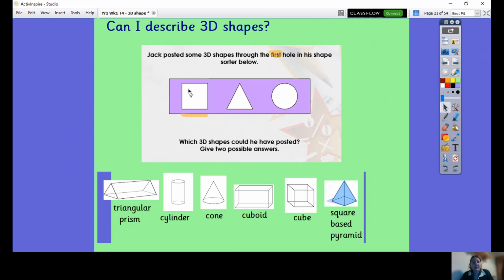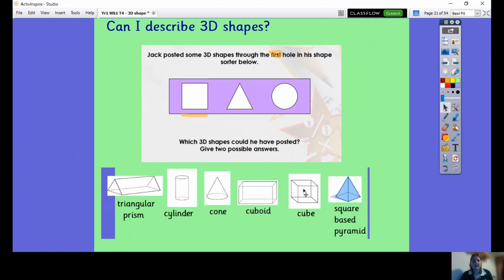If you think about it, it could be the cube, because we know that the cube has got a square face, so that could go through there. It could be, if you put it through this way, with the square base of the pyramid, you put that in first, then that could go in there.